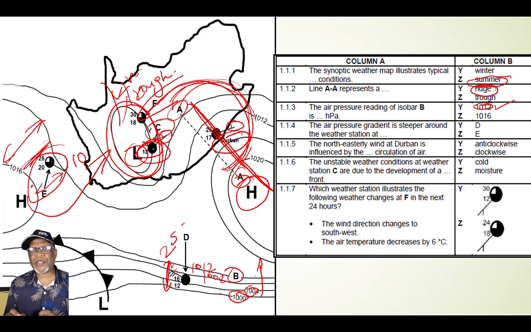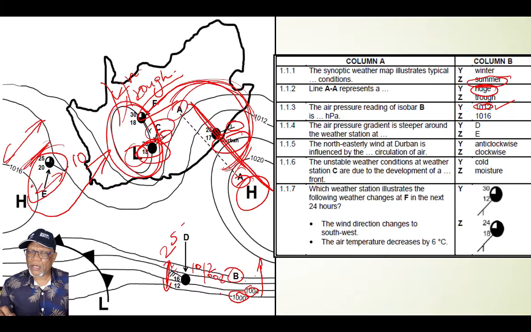If the weather conditions are stable, the air is going to settle on the ground. But if the weather conditions are unstable, the air is going to rise. And rising air will cool, and after cooling, it's going to condense and form clouds. And after clouds, precipitation.